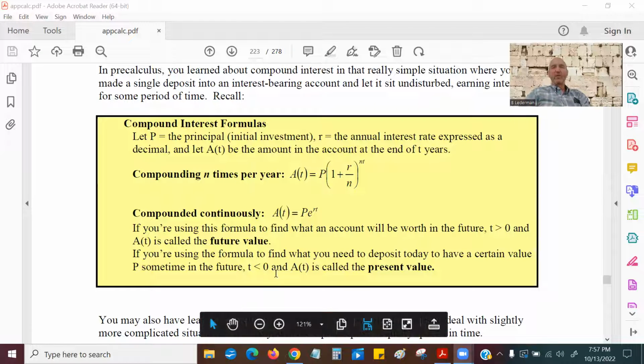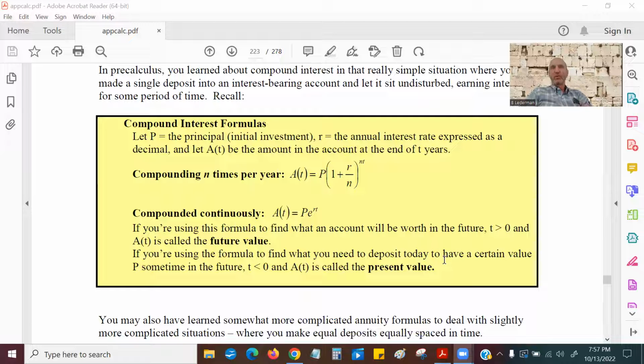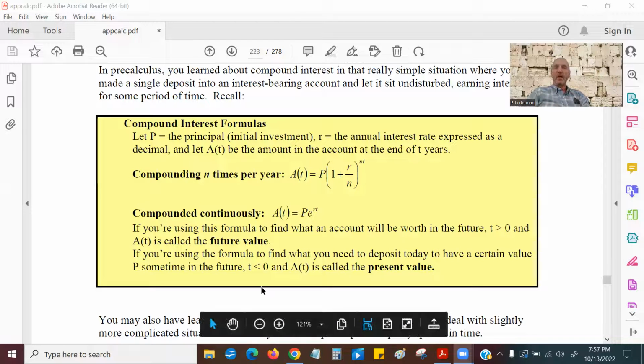But here, if in 2 years I want to have $1,000, what do I need to invest now? So we call 2 years from now ground zero. And now, today, is -2.